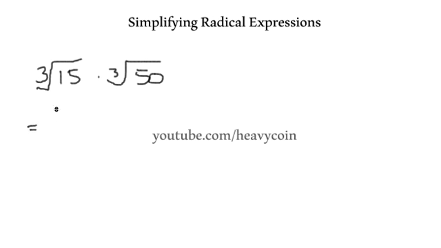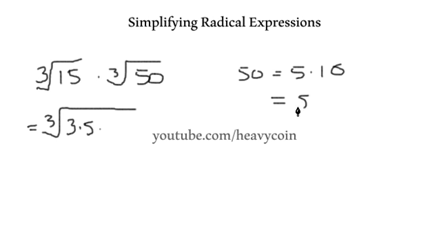Okay, so we're going to put this all into the radical. 3 roots of, this is 3 times 5, and 50 over here, breaking that down, is 5 times 10, which can be broken down to 5 times 2 times 5, right? So this would be 5 times 2 times 5.